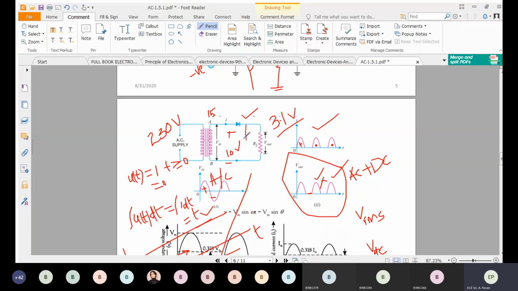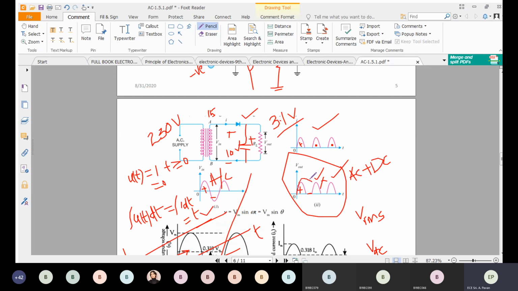Now, if I introduce the capacitor at the output in this way, as we have seen, the LED will be on throughout for the output wave. Why? Because if I introduce the capacitor, during the positive half cycle this capacitor charges in this way, and during the negative half cycle, as the output is 0, the capacitor tries to discharge.